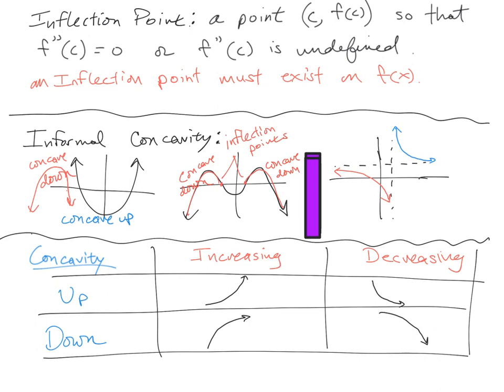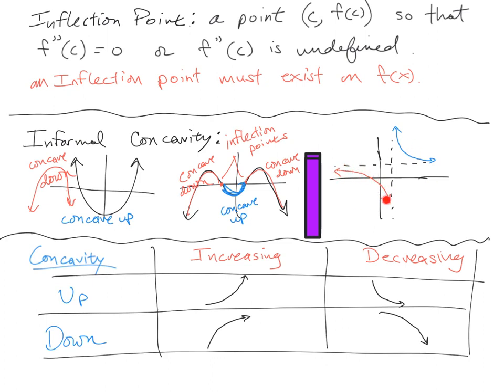But here it is concave up. So if we can actually find a point on the graph where the concavity changes, we can call it an inflection point.